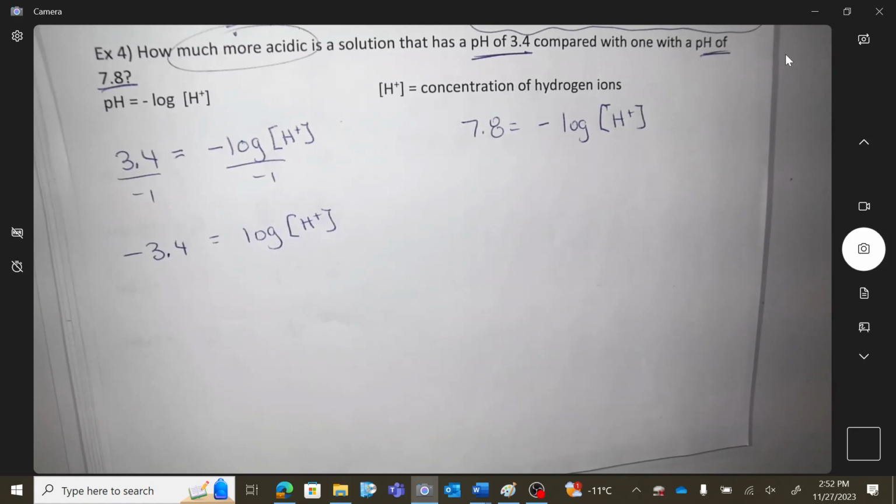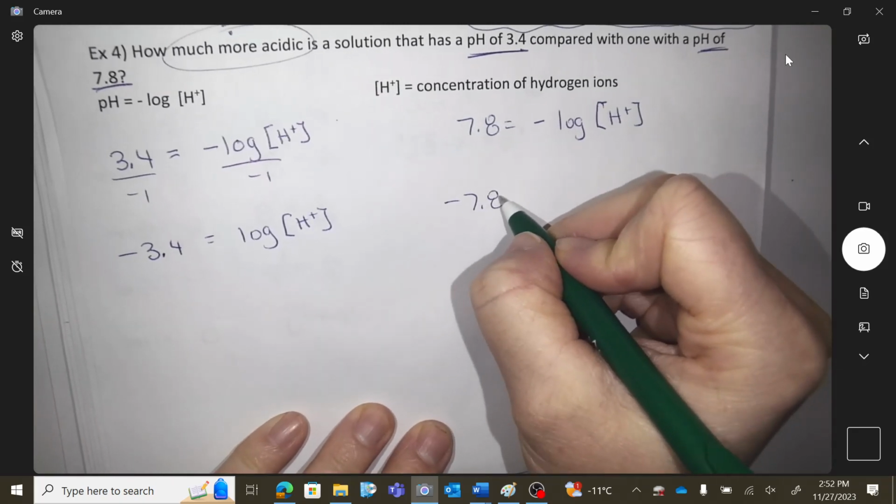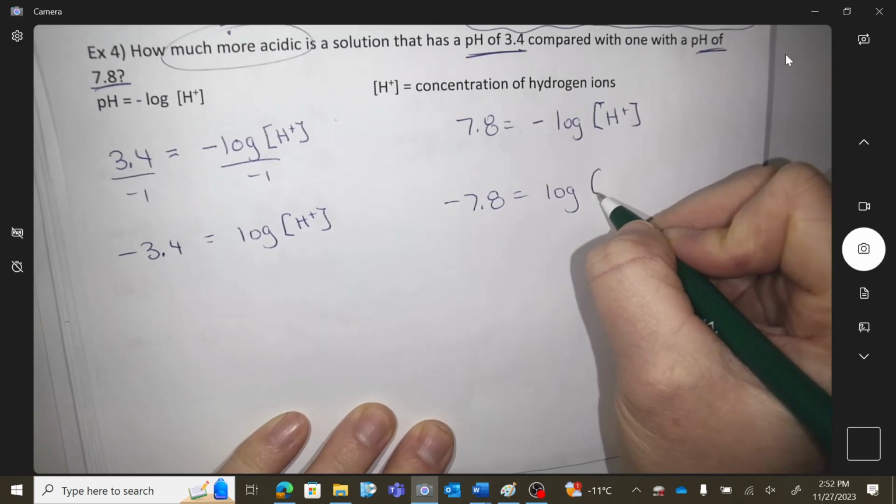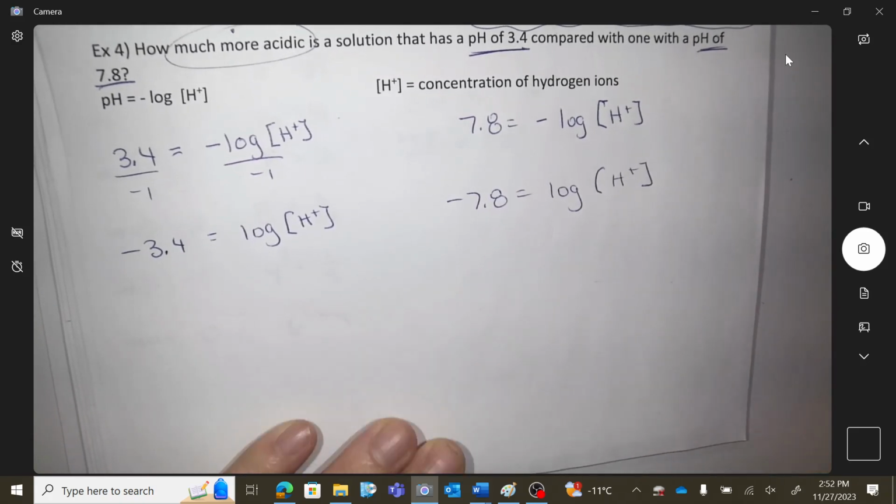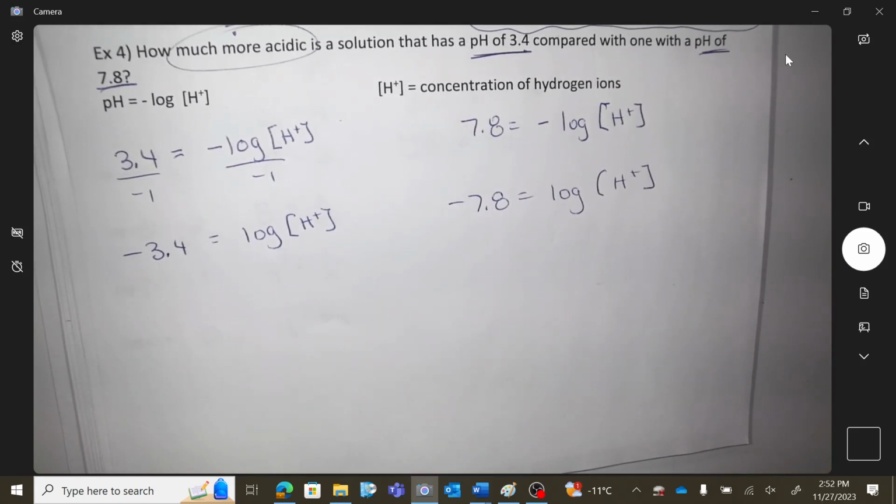Okay, now I have just a log equation. Before I didn't have a log alone. Okay, this is now good to go.